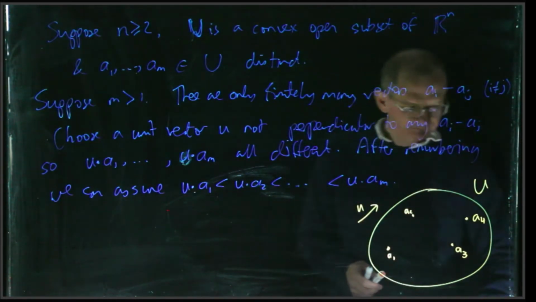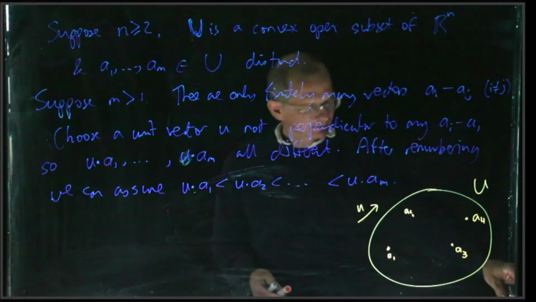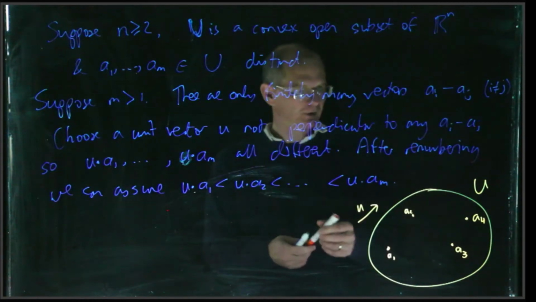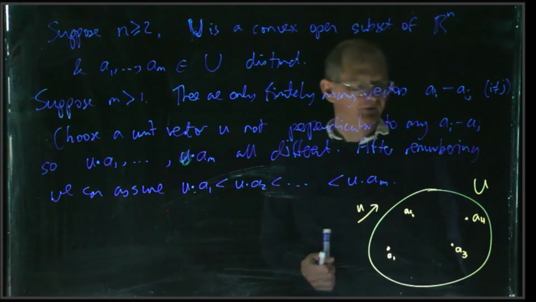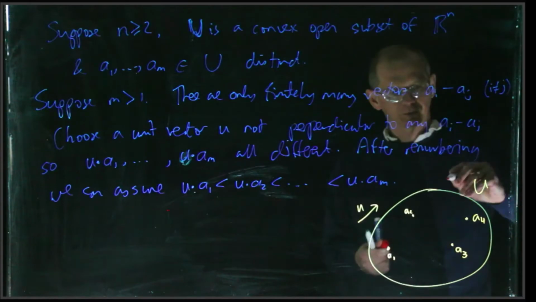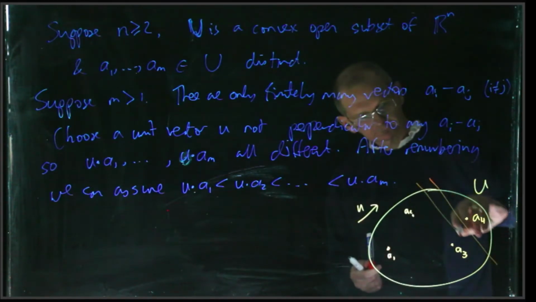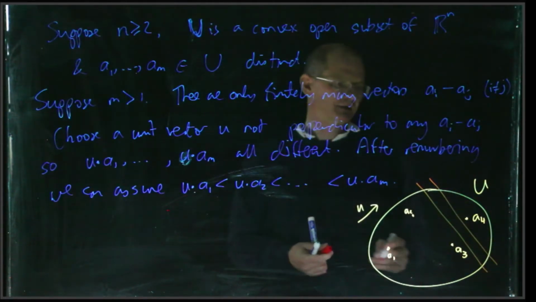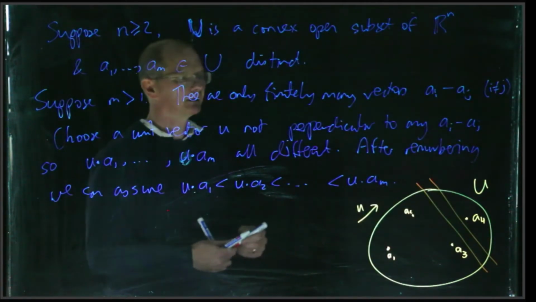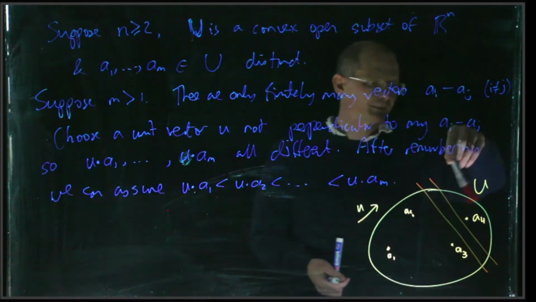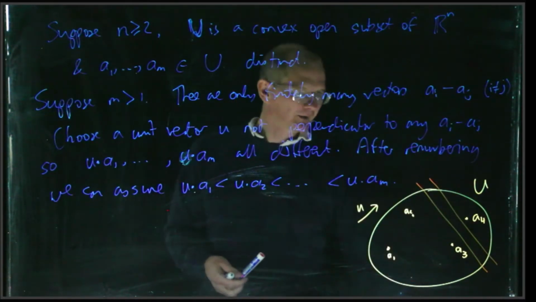So the point about having this vector is that I can use it to screen off part of the set. I'm going to draw some lines here that are perpendicular to u, or in the higher dimensional case, hyperplanes of dimension n-1 that are perpendicular, like so.